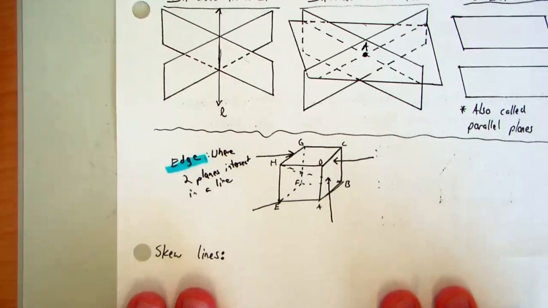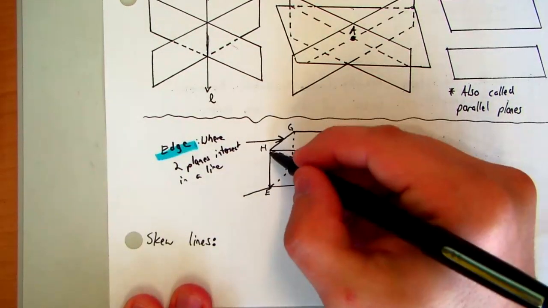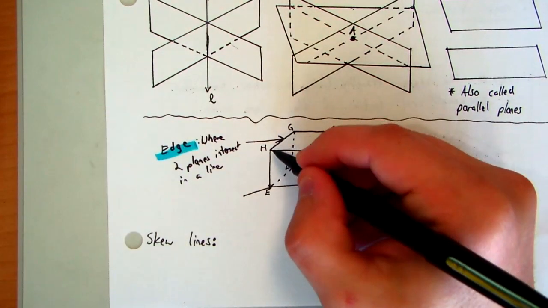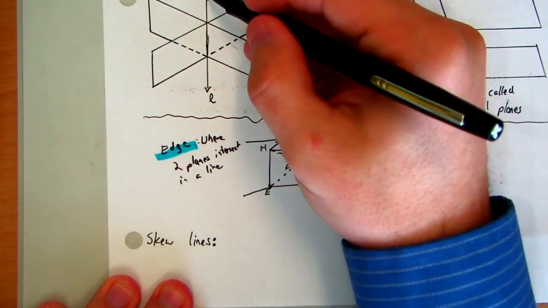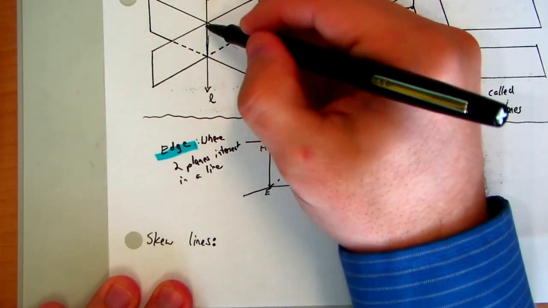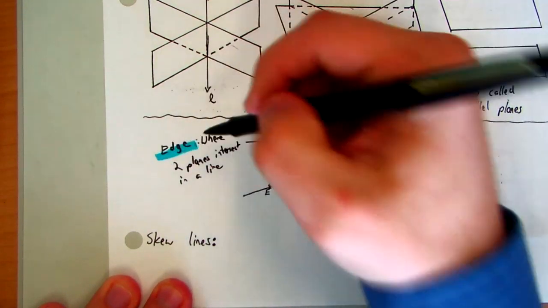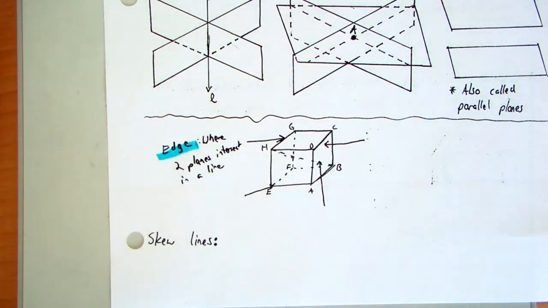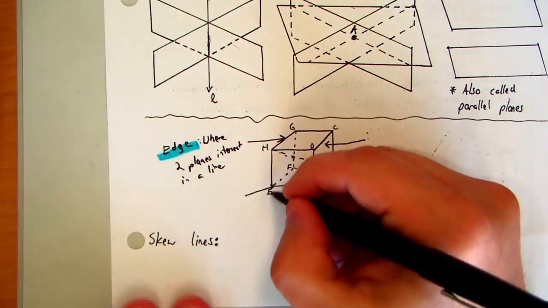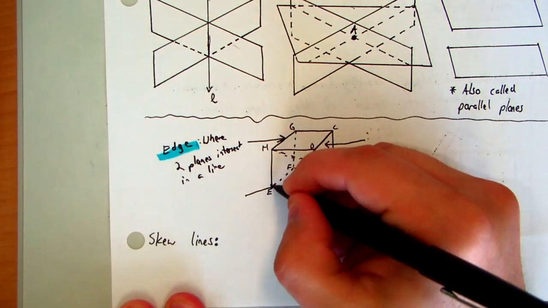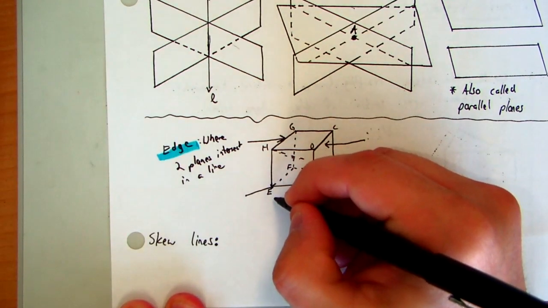That's where two planes intersect right here, and we call that an edge. So an edge is where two planes intersect in a line. We could also look here at this point E, and this would be where 1, 2, and 3 planes intersect. So this would be intersecting at a point, and this is called a vertex.